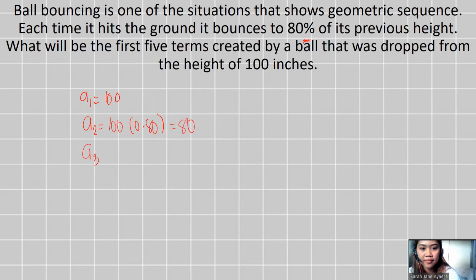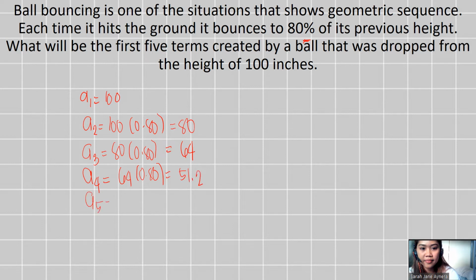To get the third height, or the third term, we multiply again, or we get again the 80% of the previous height. So 80 times 0.80 is equal to 64. And the next term is, we multiply again the previous height, which is 64, by 0.80, and that is equal to 51.2.